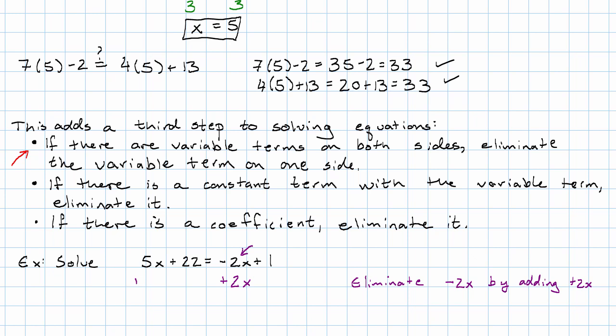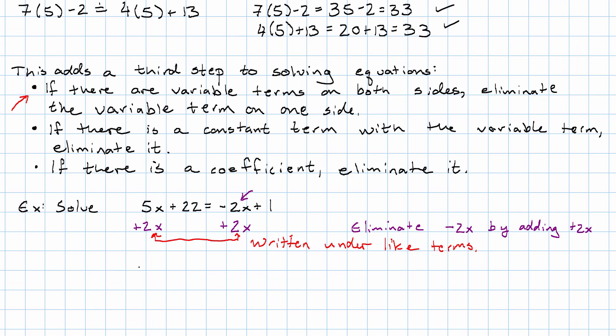Note, I'm writing these terms underneath the like terms. They're each written under an x term because they are each an x term. So 5x plus 2x is 7x, leaving the plus 22 alone. Negative 2x plus 2x is 0x, leaving the plus 1 alone. This 0x term is just 0, so I'm going to not copy that.